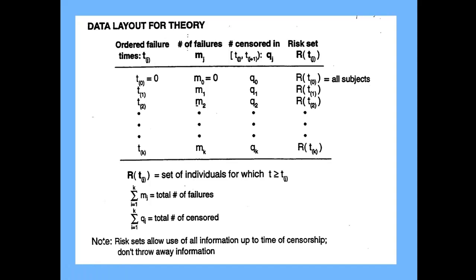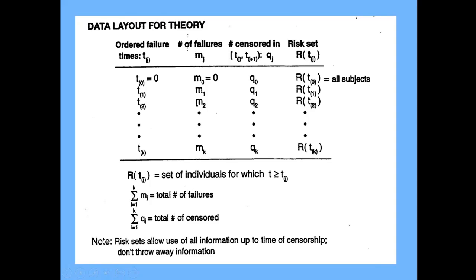Well, what do you think T of 1, with the parentheses, means? Ordered failure time. It's the earliest time that somebody failed. And T sub 2 is the second earliest time that somebody failed, the next earliest time. And T sub K is the latest time that somebody failed.